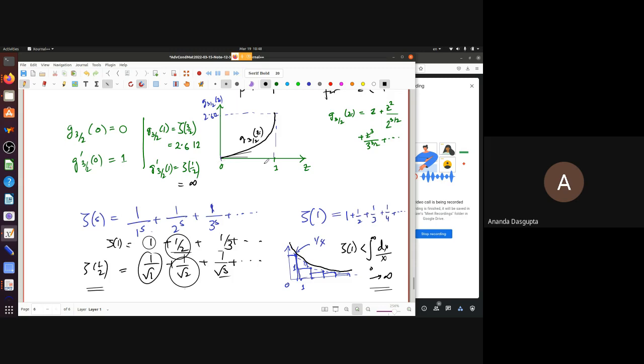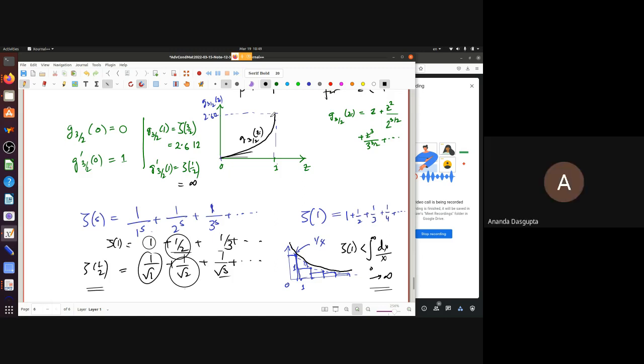This is this big on the z axis. On the vertical axis, this much is 2.612. So in that scale, this is really a 45-degree angle, or slope of 1. So that's what this curve should look like. It monotonically rises from z equal to 0 all the way to z equal to 1, but reaches a finite value there.